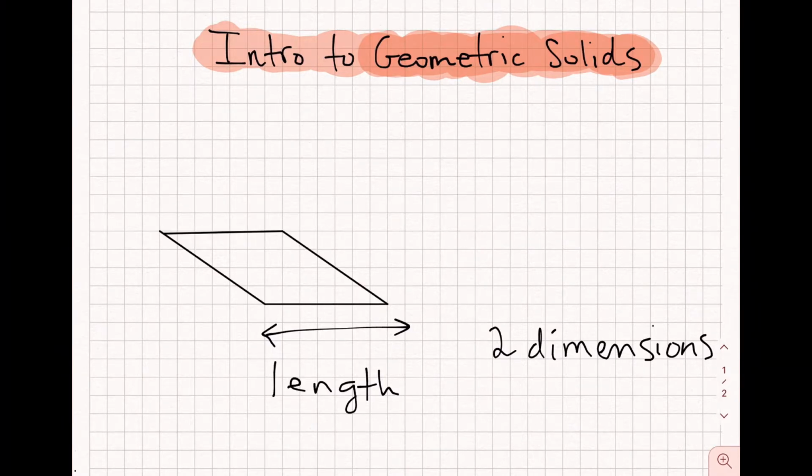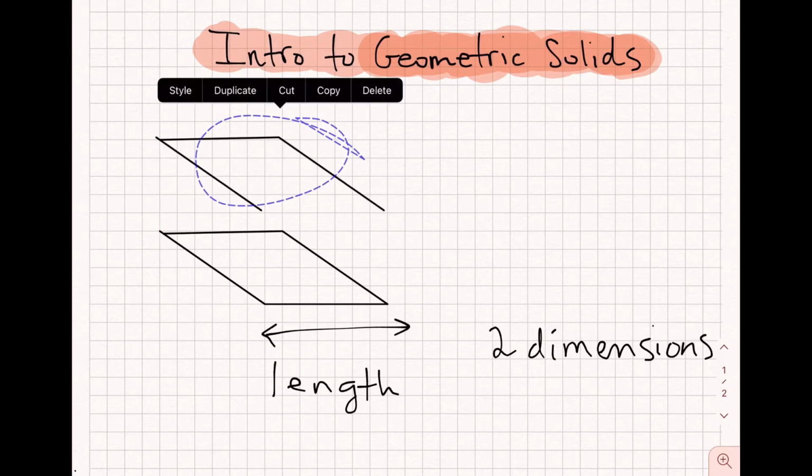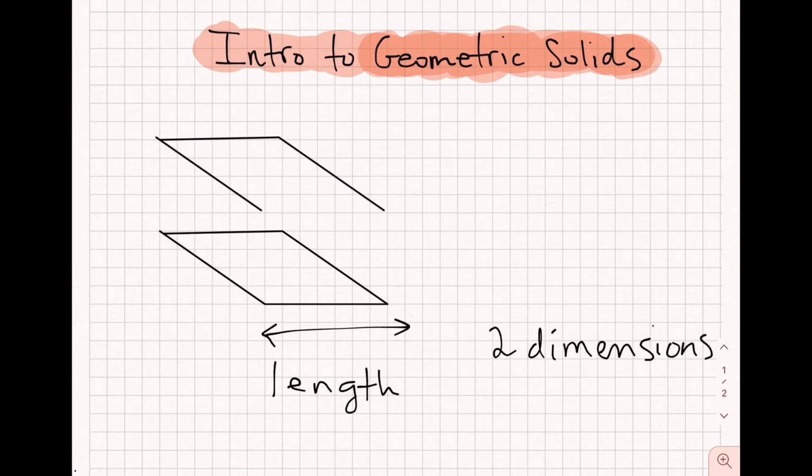Now, if I take this rectangle that I've laid flat on the ground, I can actually create a three-dimensional shape, and I'm adding a third dimension. So our rectangle here already has length and it has width.